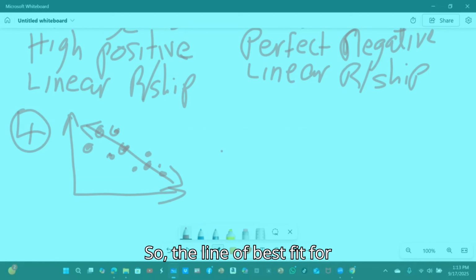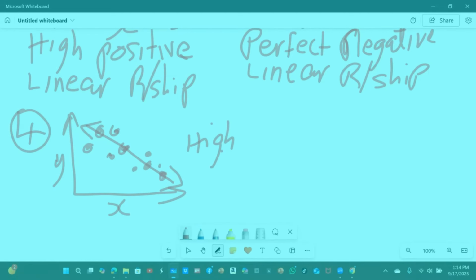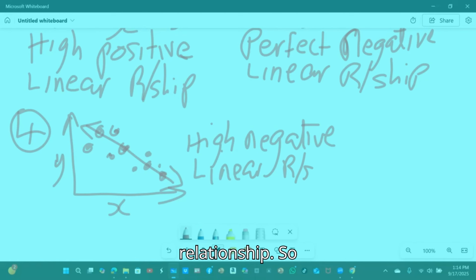So the line of best fit for this scatter plot is a high negative linear relationship.